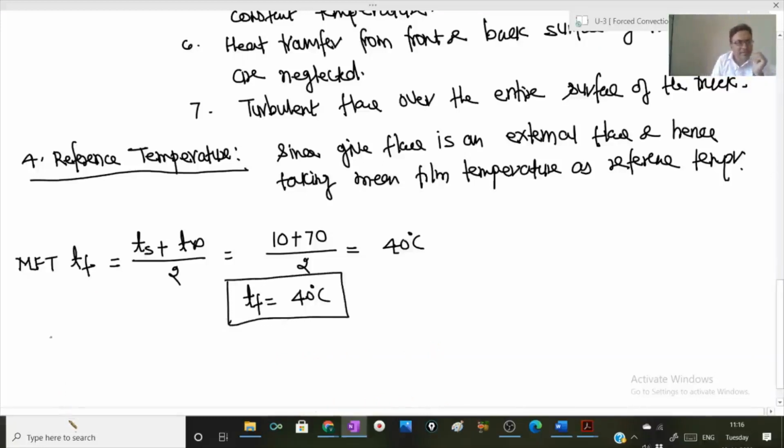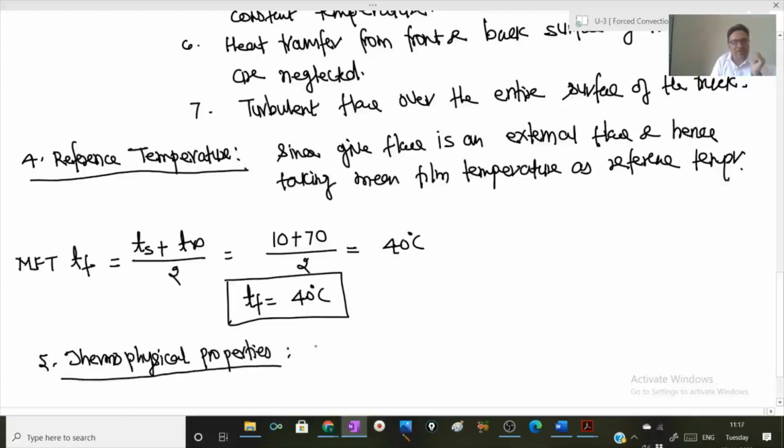Then step number 5, thermophysical properties. So we need to obtain thermophysical properties of air at mean film temperature of 40 degrees Celsius.